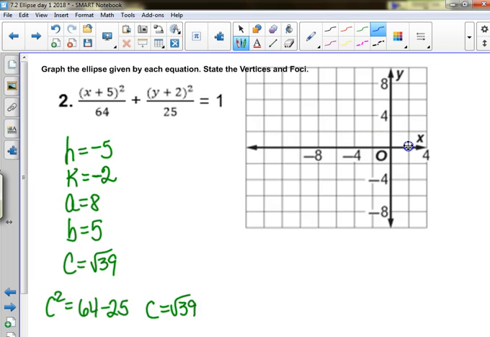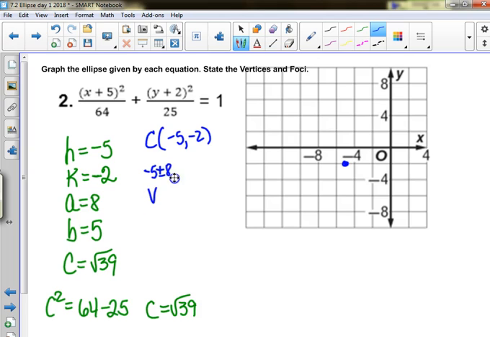The center was at -5, -2. Hate this graph paper. -5, -2. Okay. Then I need to go in the x direction 8. So that would be -5 plus or minus 8.